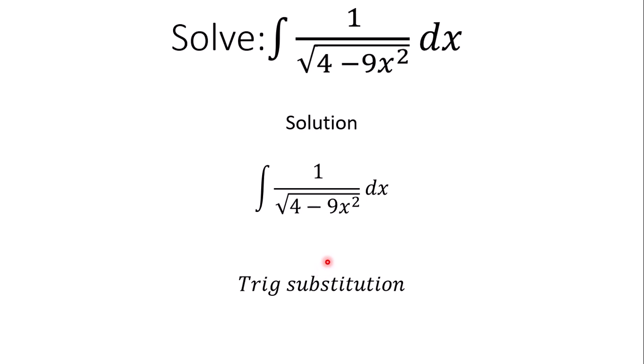Now, to use the trig substitution, with trigonometry, we are talking about what? Ratios of what? Trig ratios like sine, cosine, tangent, secant theta, cosecant, cot.